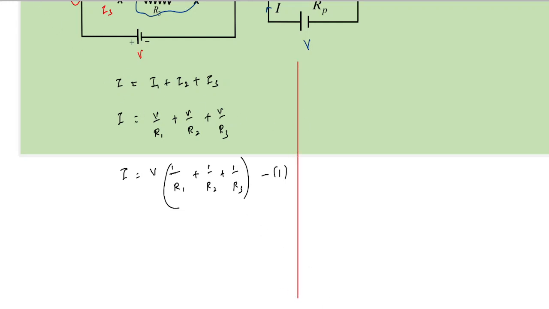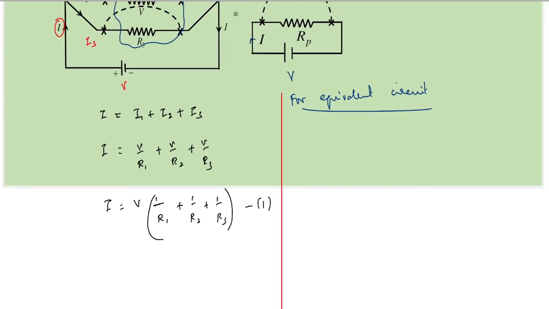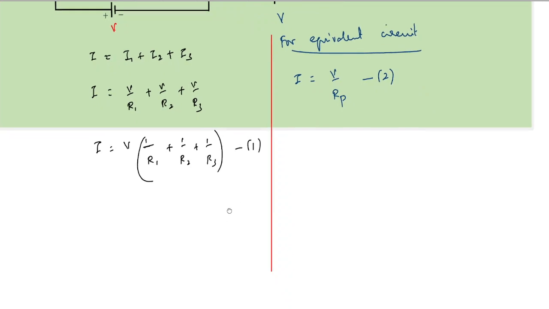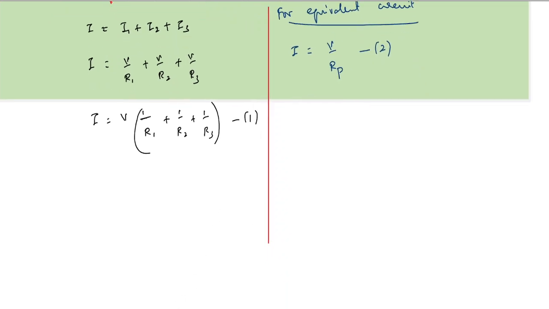Now again here, for equivalent circuit, what we get here is, we get I is equal to, using same form, V by Rp. Let us call this as 2. It's the same voltage drop, the same current which comes out.